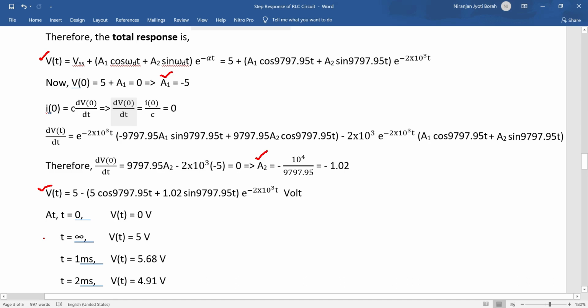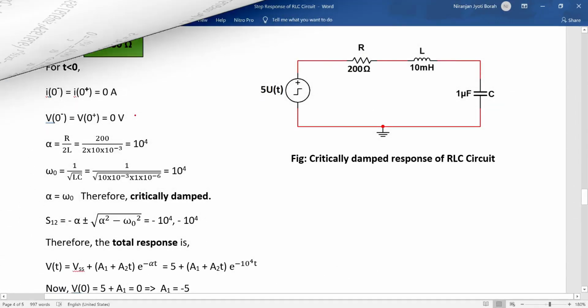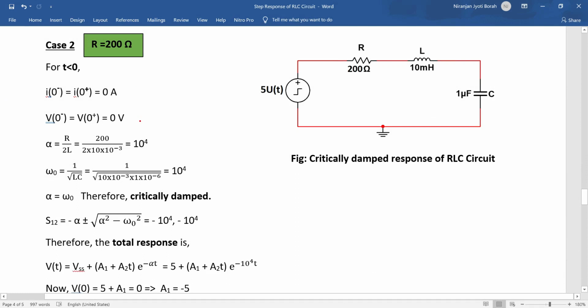Value of the response for some definite time has been found so that later the graph obtained by simulation using Multisim could be verified. A very similar analysis can be carried out by taking the resistor value to be 200 ohm.